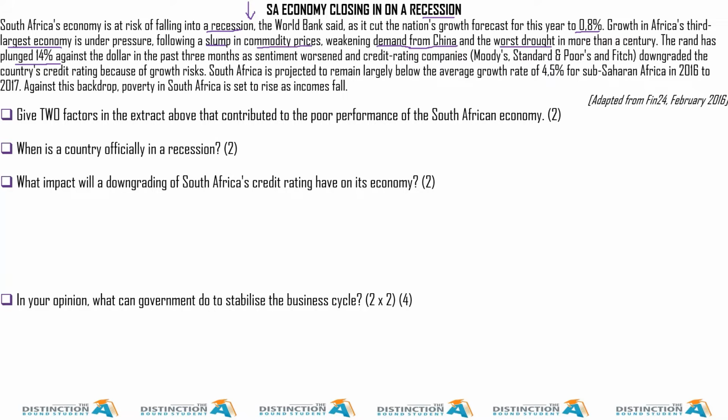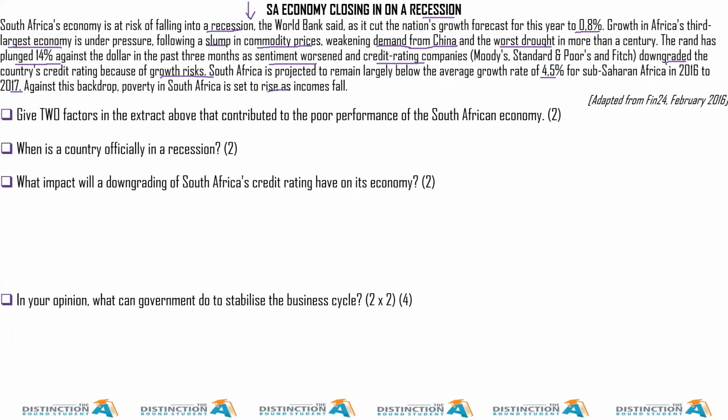Remember, one of the macroeconomic objectives is exchange rate stability. So if it goes down by 14%, this currency is not stable at all. In the past 3 months, as sentiment worsened, credit rating companies downgraded the country's credit rating because of growth risks. South Africa is projected to remain largely below the average growth rate of 4.5% for sub-Saharan Africa in 2016 to 2017.